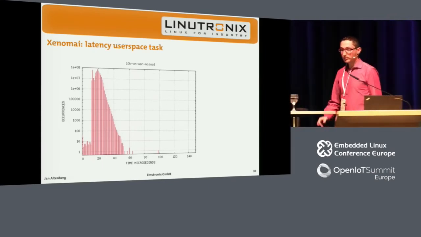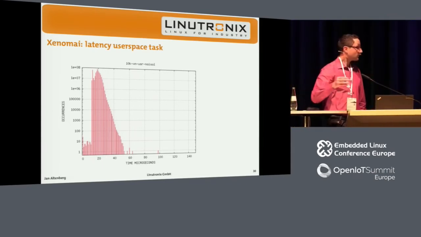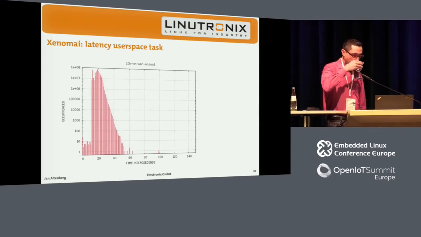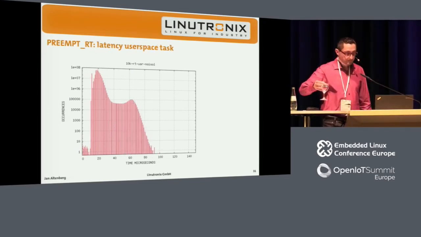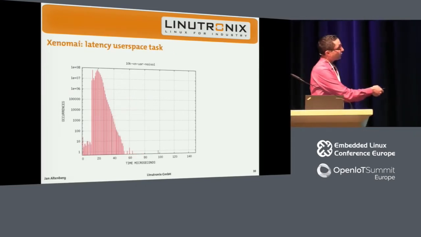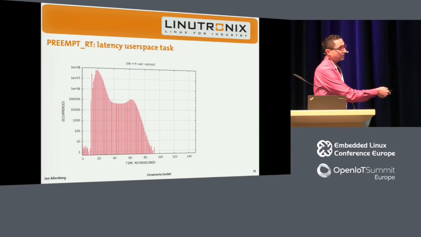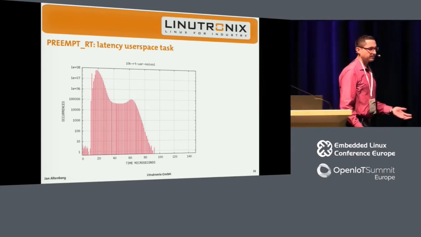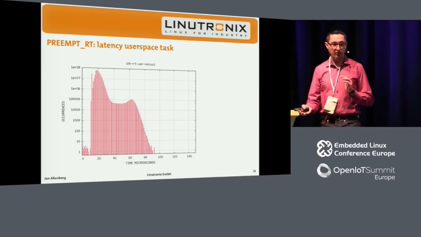Now we did the same measurements on PreemptRT. You can see the variation, so the jitter, is a bit bigger right here. But you can see this is the worst case latency we got, which is pretty much the same we had for the dual kernel.